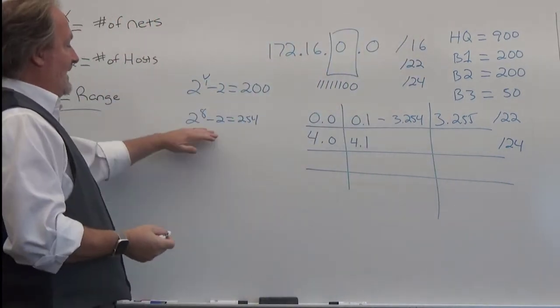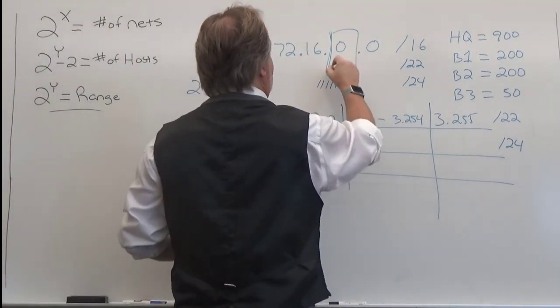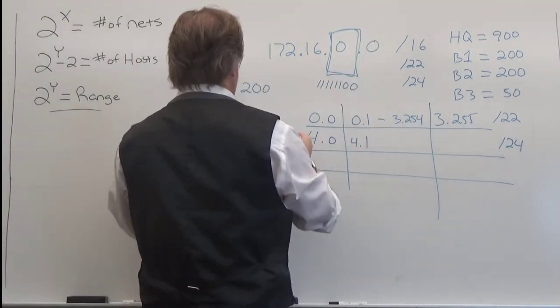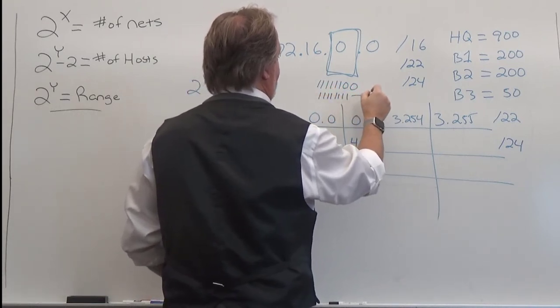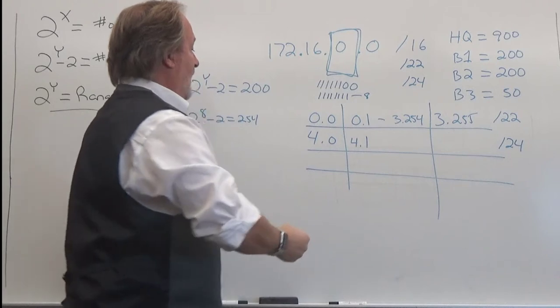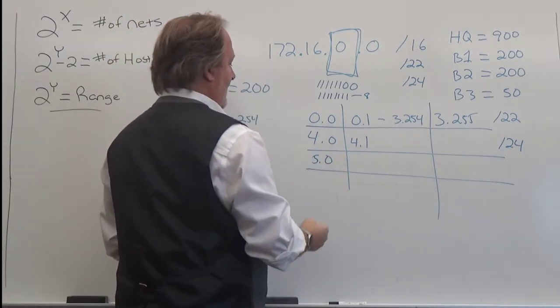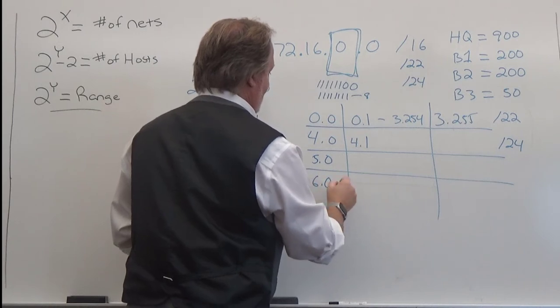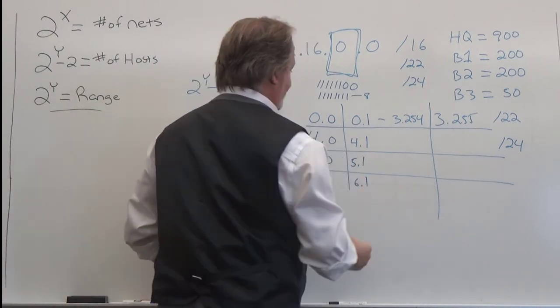Because I'm not subnetting in the third octet anymore, the range is just going to be 1, because the /24 would be 8 ones. So I would just put a 5 here, 5.0, and then 6.0. And then it's going to be 5.1 and 6.1.